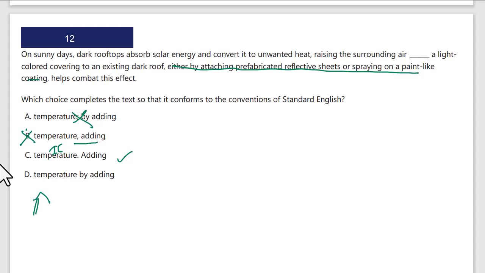I think this is going to have to be a separate sentence, a period. So on sunny days, rooftops absorb solar energy, converted to unwanted heat, raising the surrounding air temperature, period. Adding a light color covering to an existing dark roof helps combat this effect. Yeah. I pull out the parenthetical, that makes sense. It's an independent clause. C is going to be our correct answer. We want a period in there.